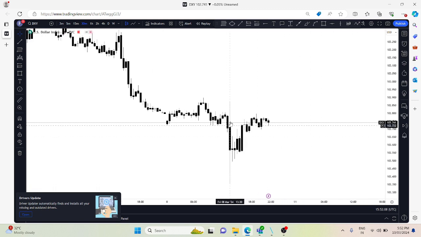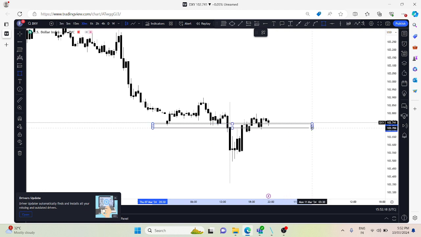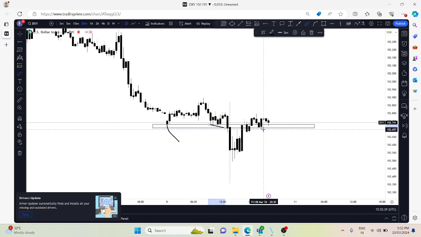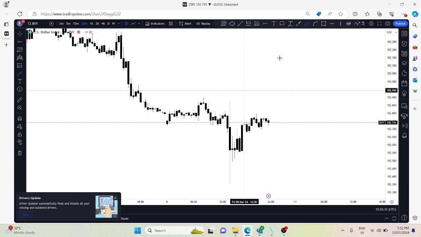Now, one thing I have to check is whether I have a support or resistance zone. Okay, I'll just say this is my support and my resistance zone, because I'm having price touching this area frequently. I have these touches here, I have these touches here. So I can see that the price is really respecting that area.